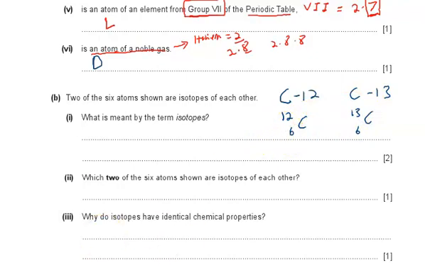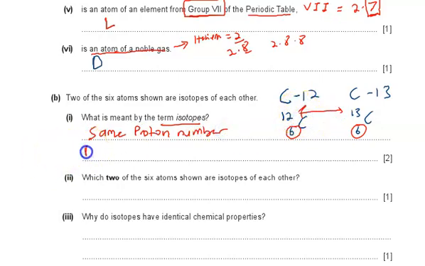As you can see, the proton number is the same. So isotopes have the same proton number, and let us compare the nucleon number.